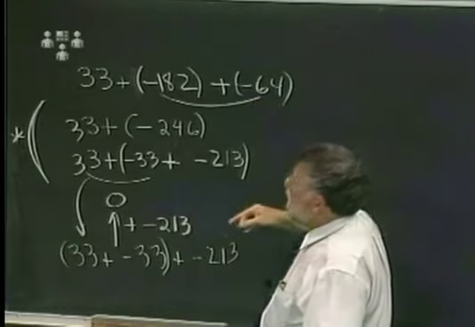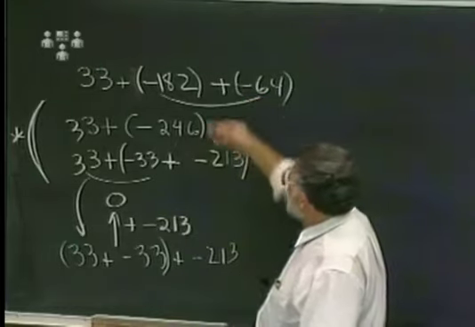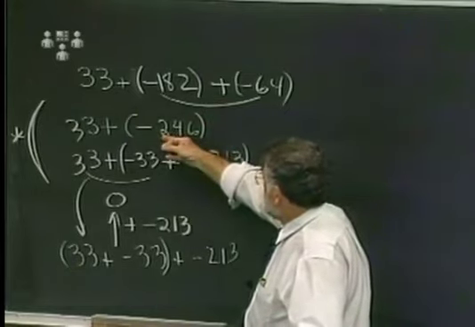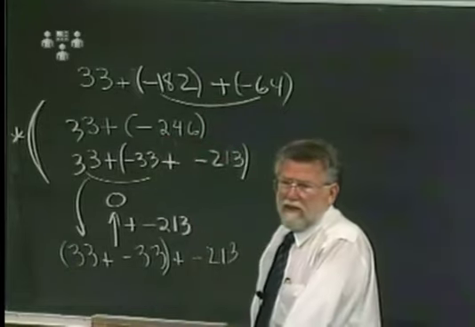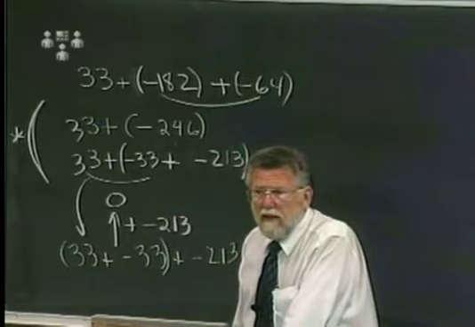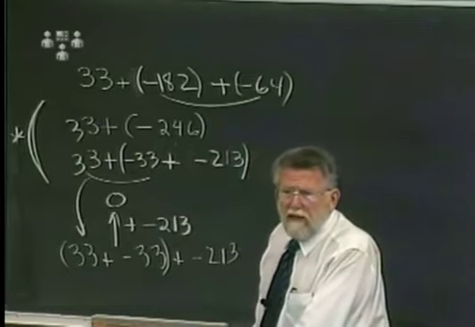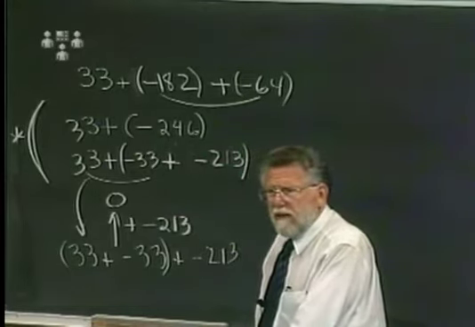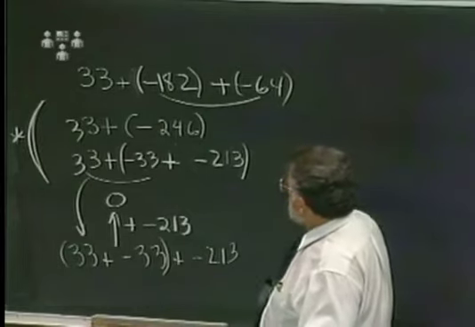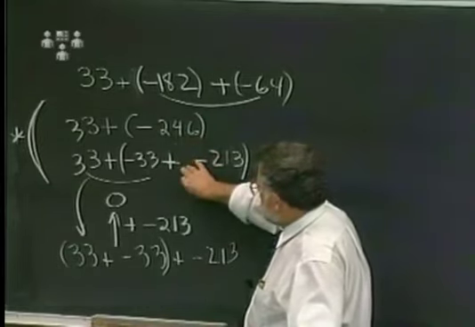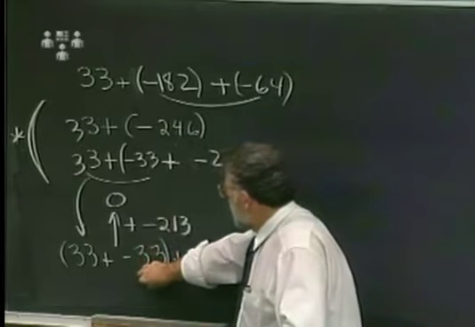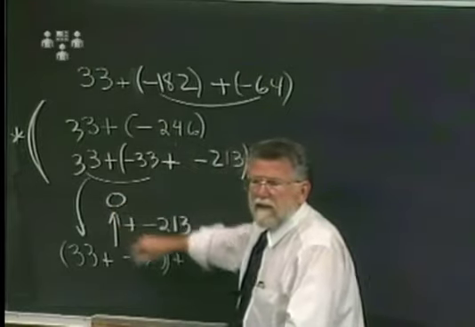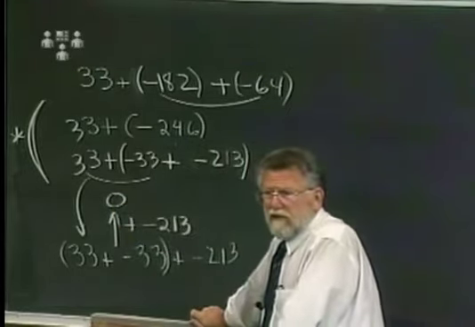Now, what Kim was saying, she could go from right here to the negative 213 and just get it. And I don't object to that. But are you understanding what defends that? And I've used substitution, associative property, additive identity to get my answer using the properties of the system.